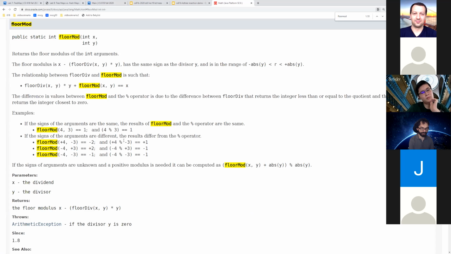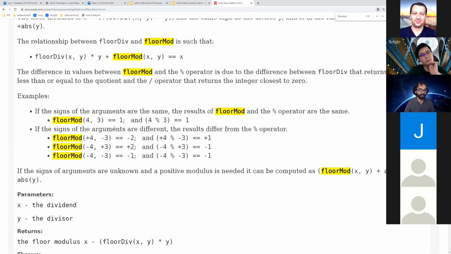They have the same exact behavior if the two arguments are of the same sign. If the two arguments have opposite signs, then they will behave differently. This is the case I care about, and we're using it for this case right here. With floorMod, when you're modding by a positive number, you will always get a positive result. That's what I care about. Does it make sense?